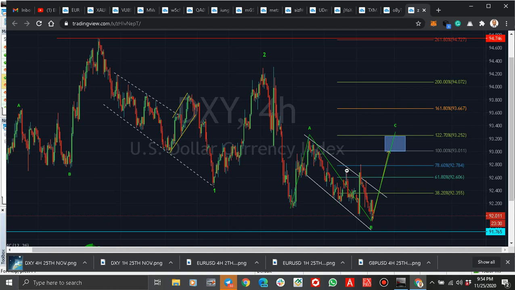Since then, you can see it keeps going up and down, but as long as this channel is concerned, I don't have any reason to sell dollar index until I see a buy. I'm not in the trade yet, but if I see a buy setup, I will enter. I will target 93 and 93.2. This is my target.